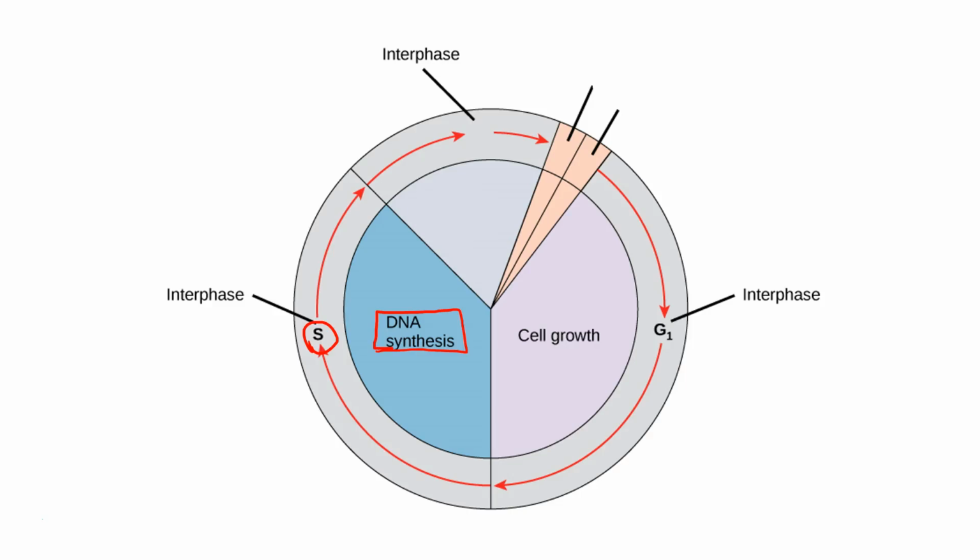That's a lot of work, and that takes a lot of resources and a lot of ATP to build all of those really long DNA molecules. So that's why the cell enters G1 first to accumulate all of those things, and then it's allowed to progress onto the S phase.